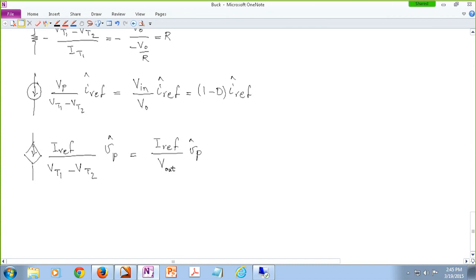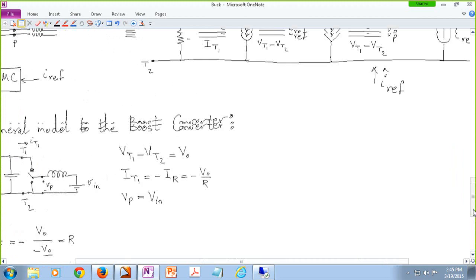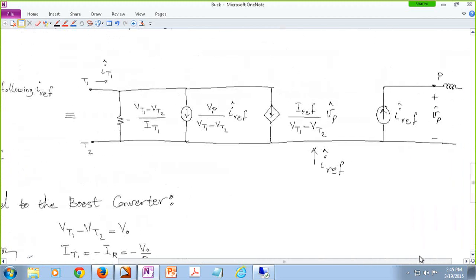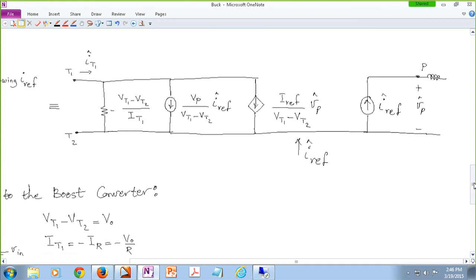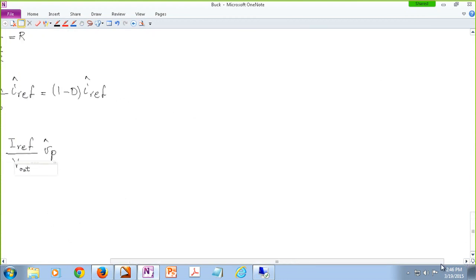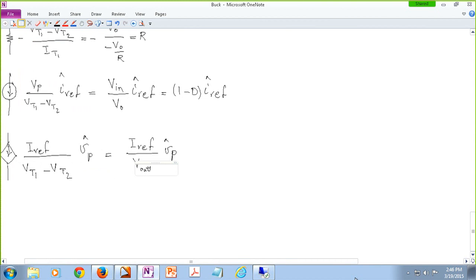We are trying to see what maybe VP represents. So looking at the right-hand side of our model, in the boost converter, VP is the voltage drop across the inductor plus the input voltage, right? So technically, let me write it over here.